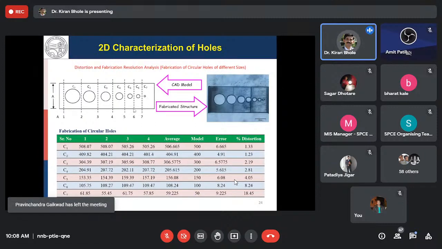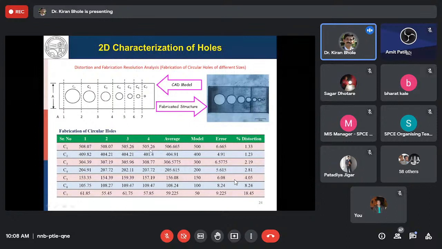This is the CAD model, and he has fabricated this geometry using this system 4 times. This is one of the results: the CAD model and the fabricated structure out of it.